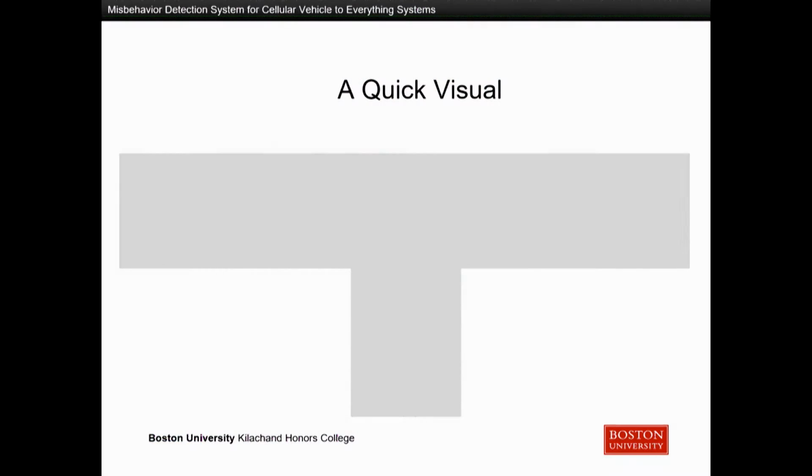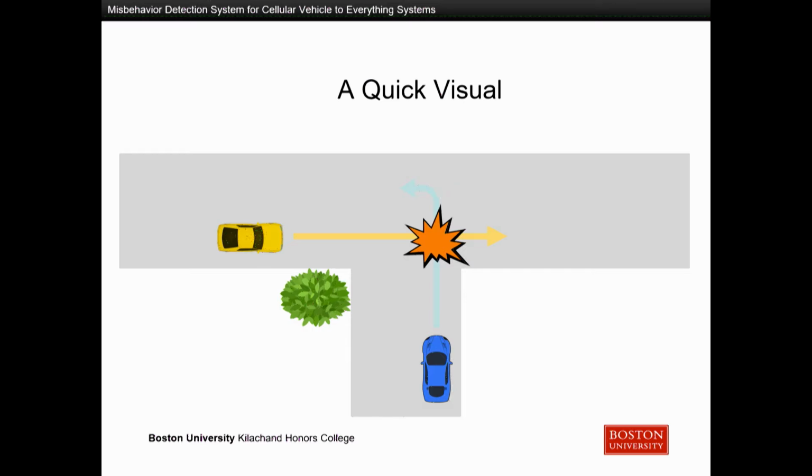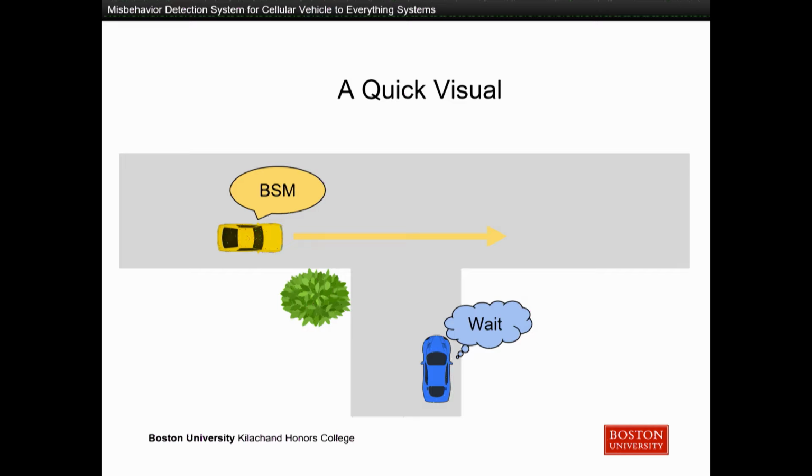To start this visual, let's say we have two cars, this yellow and blue car. Usually, using sensors, they'd be able to detect each other, but let's say this bush is in the way and blocking line of sight. They'll collide. But through this basic safety message, that blue car will understand to wait, and that collision will not take place.